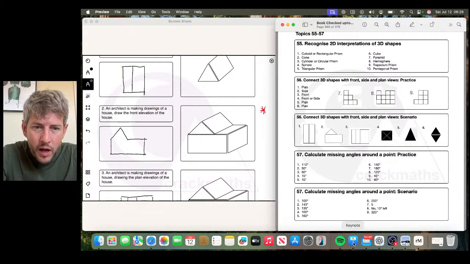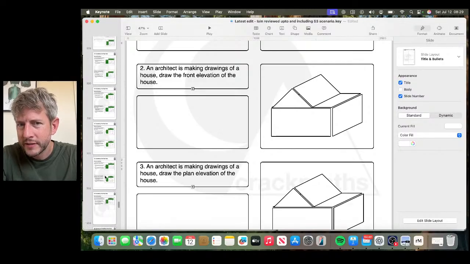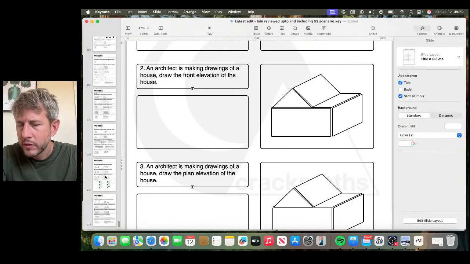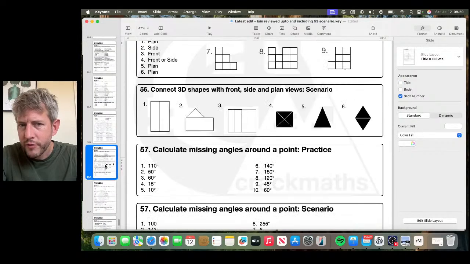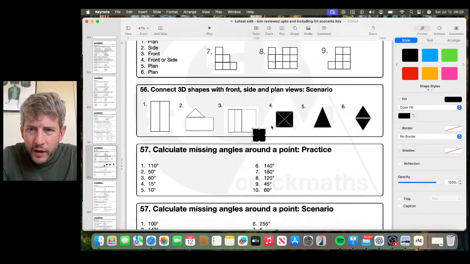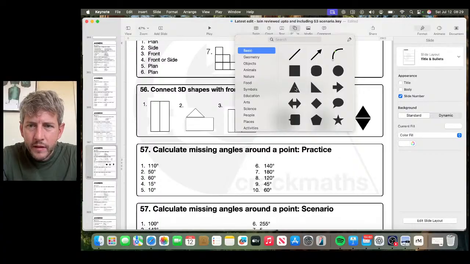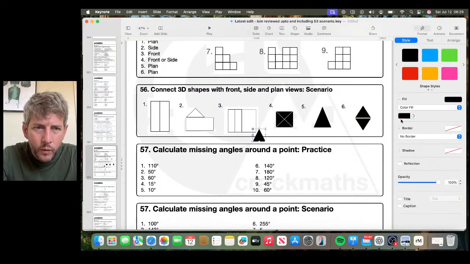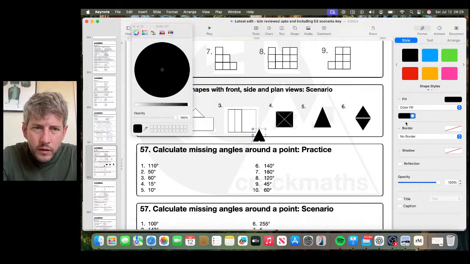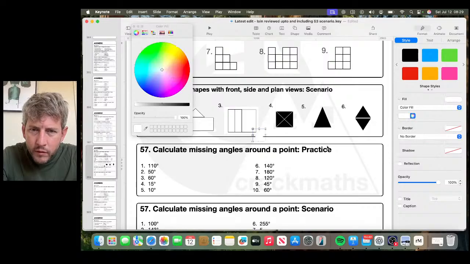Page 368. I've got an idea. Page 368. Right, shape. Here we go. Actually, no, I don't want that shape. I want this shape. Okay, I want to make it white. No, I don't. I want to make it white like this. Okay, thank you.